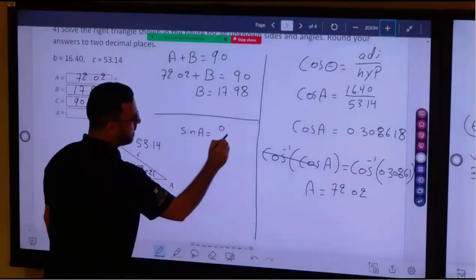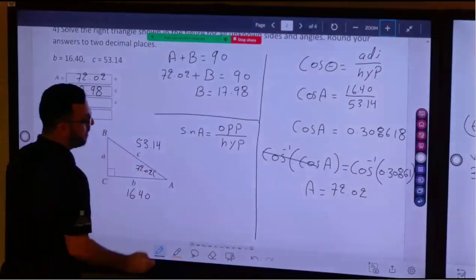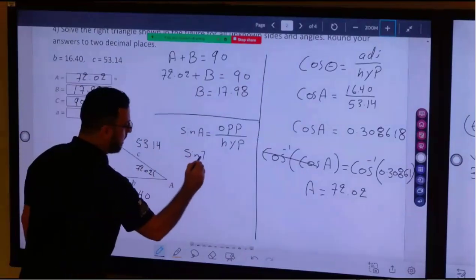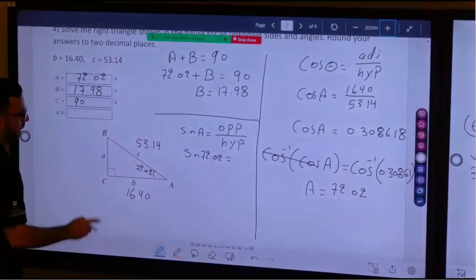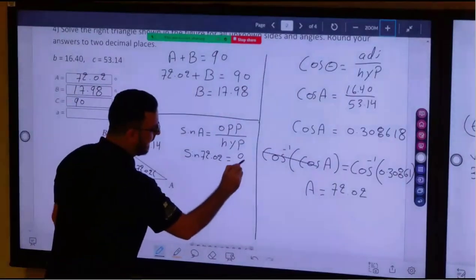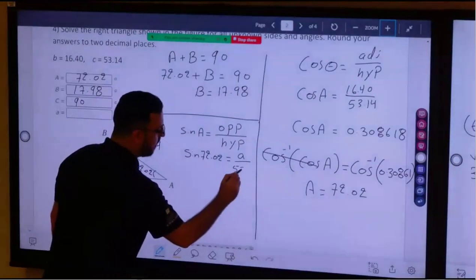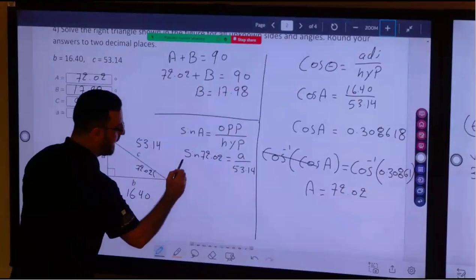Sine of the angle A equals the opposite over the hypotenuse. That means sine of 72.02 equals the opposite, which is the side A, over 53.48. I'm going to say this is over 1.